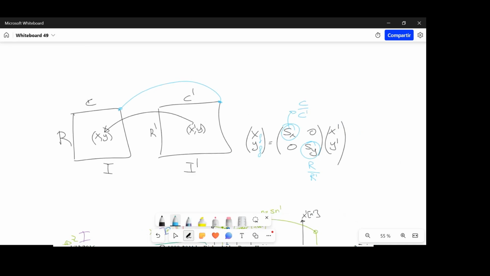It is a general transformation on the output. Any general transform can be whatever. And this is just a particular case.